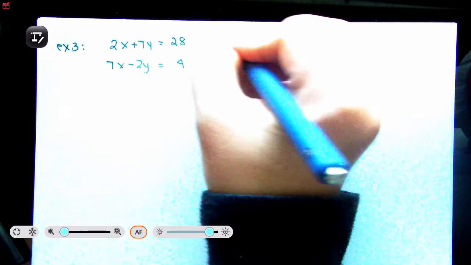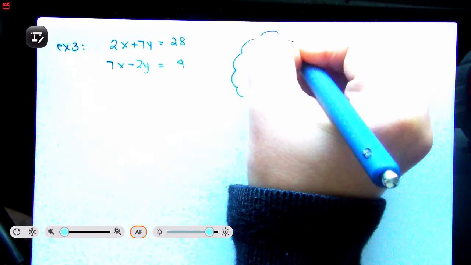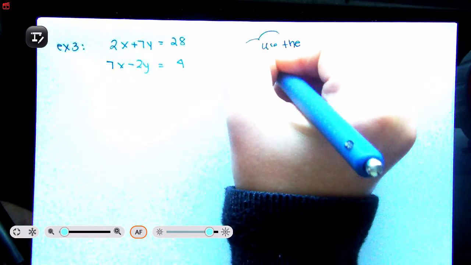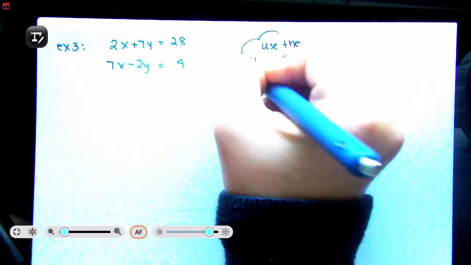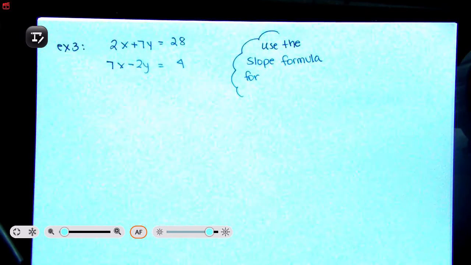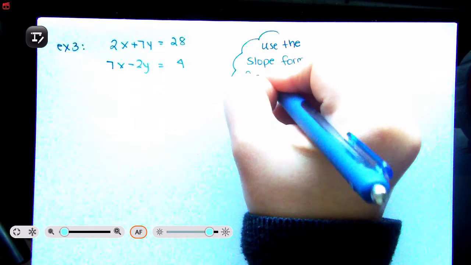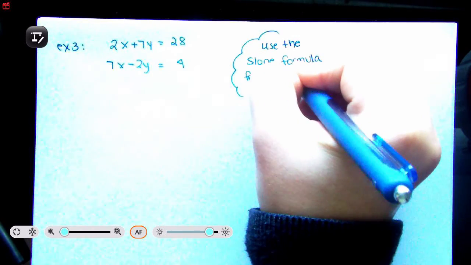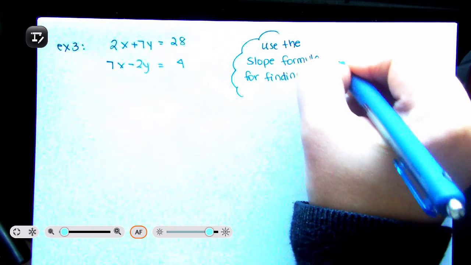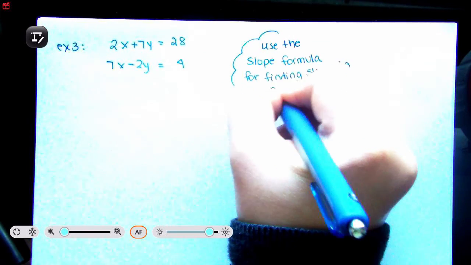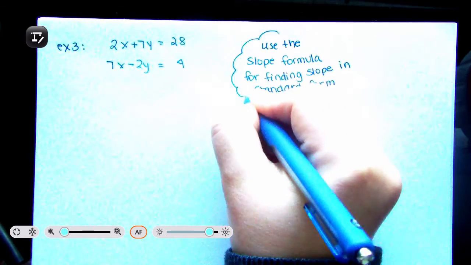Okay, so what I'm going to do is I'm going to use the slope formula for finding slope in standard form. Okay, now it's not the slope formula when given points.